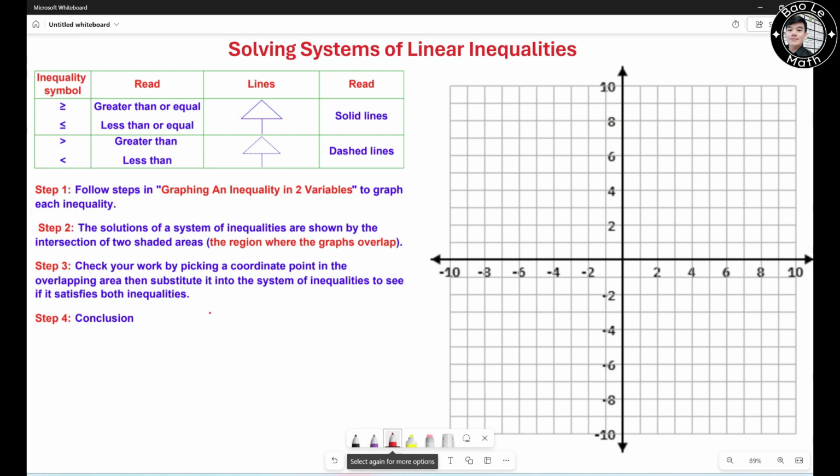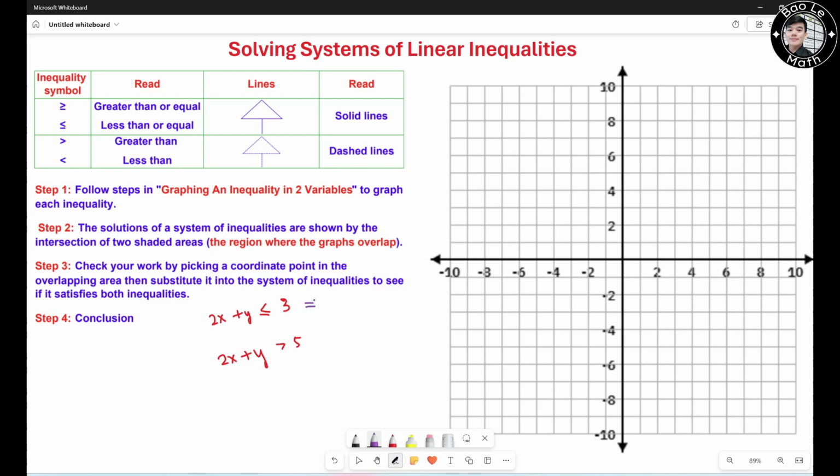Now let's move on to the next example. So for example, if we have the system of inequalities 2x plus y less than or equal to 3, and 2x plus y greater than 5. Now first we need to convert this one into slope-intercept form.